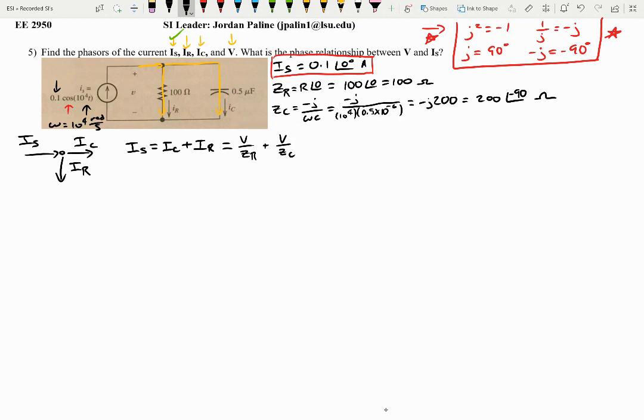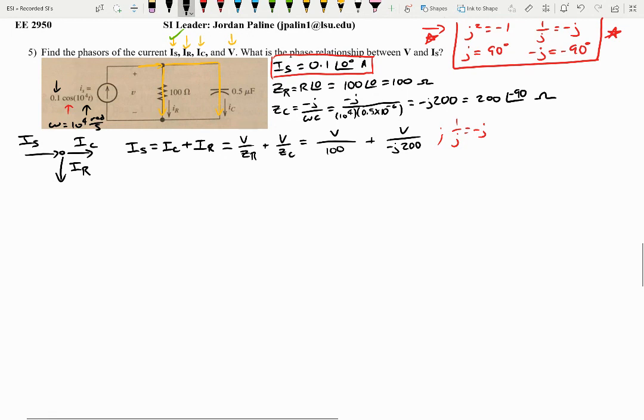Because everything is in parallel, they're all going to have the same voltage. So if we write these relationships out, it'll be V over Z of R, which we said was 100, plus V over negative j 200. And this is important. This is where 1 over j is equal to negative j comes into play. This will save us a little bit of time from having to convert to phasor and then do a division.